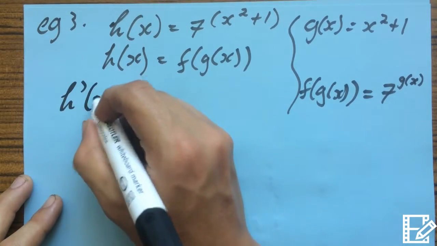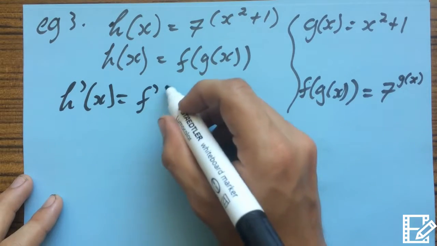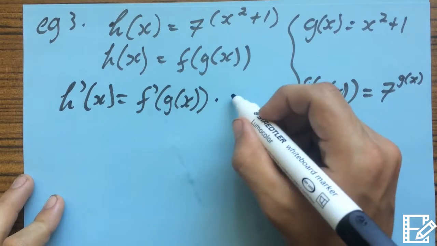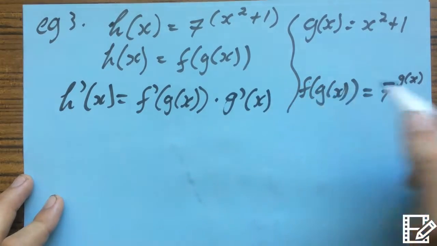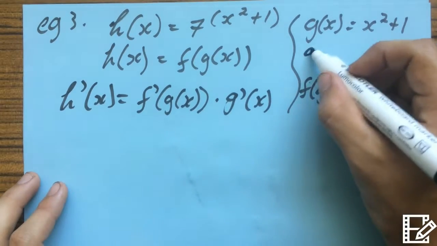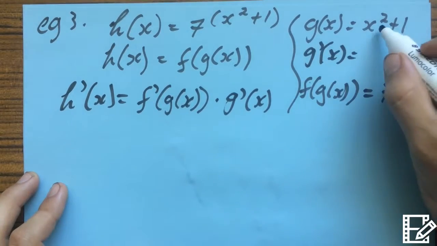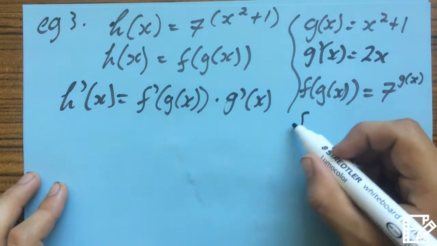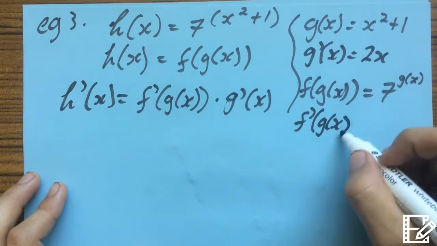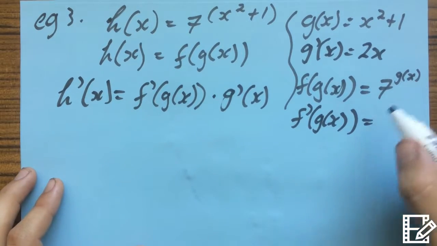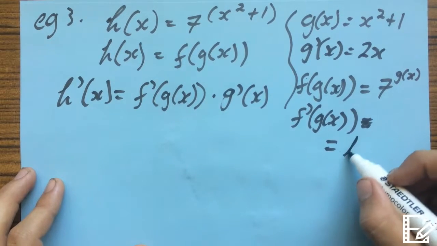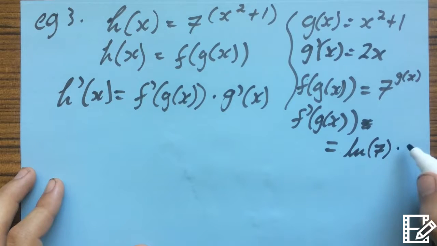When we go to derive this, we need to find the derivative of f with respect to g(x) and multiply that by the derivative of g(x). Derivative of g(x), x squared plus 1, the derivative of that is just 2x. F dash g(x), the derivative of 7 to the power of g(x), is ln 7 multiplied by 7 to the power of g(x).